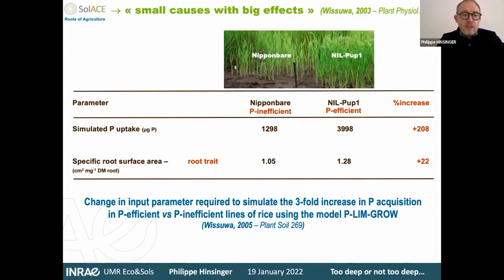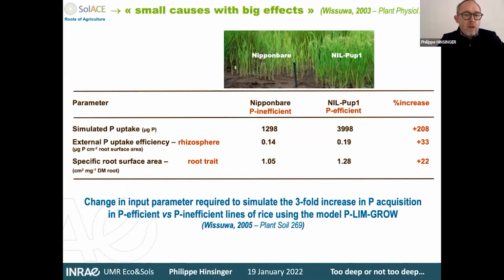And you see here that looking at first at a quite simple trait, which is specific root surface area, so the surface per unit of root biomass, only a 20% increase of this trait was enough to explain this 200% increase of phosphorus uptake.